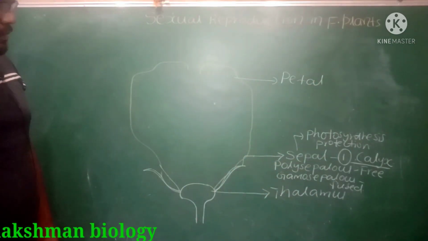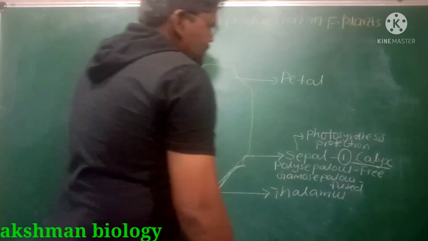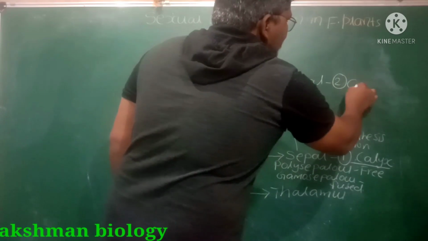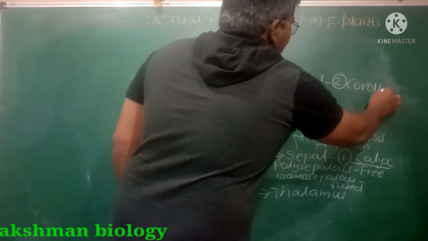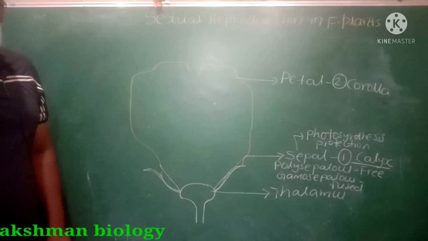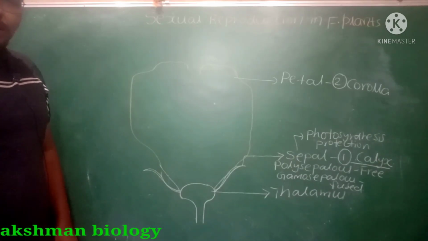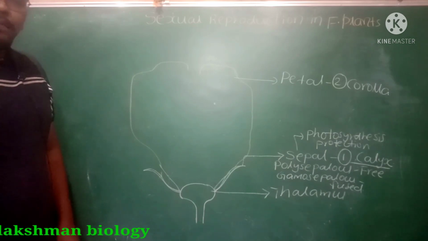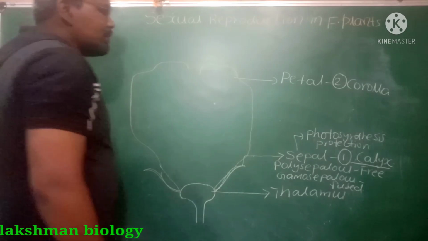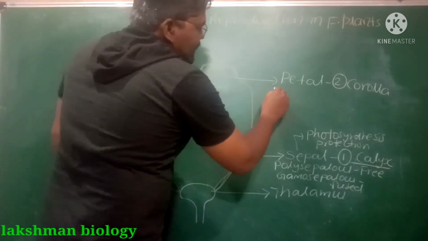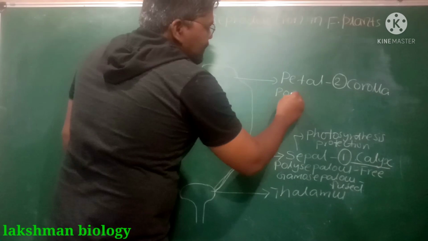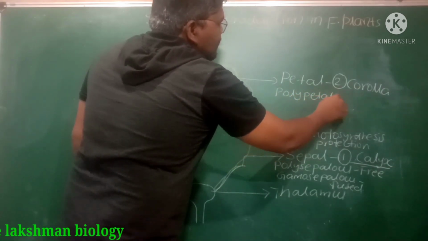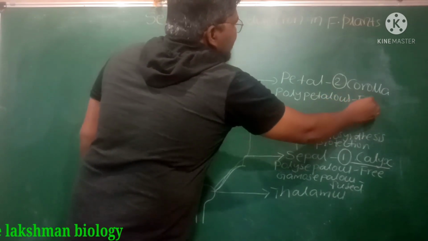Then all petals which are present in the flower combinedly form the second part of the flower, that is called corolla. Sometimes petals present in the flower may be fused or may be free. If petals are free from each other, then that is called polypetalous, means free petals.